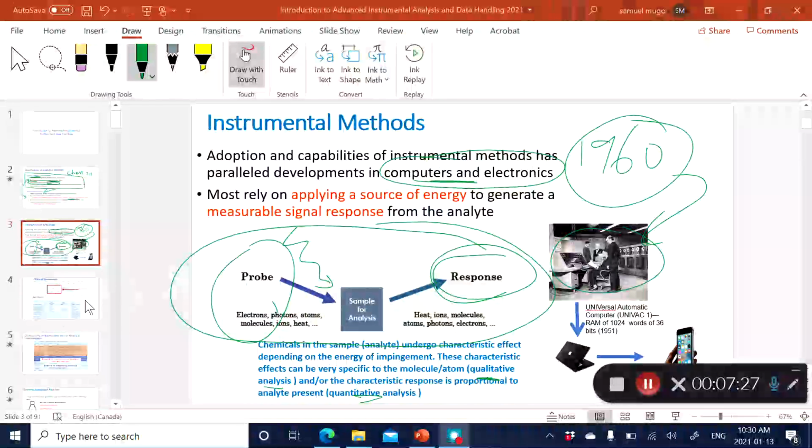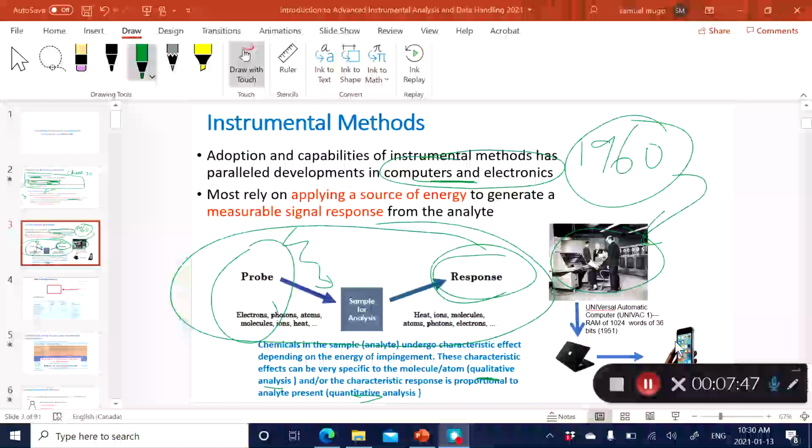And you can see that over the last 50 or so years, we've moved from this kind of gigantic computer to laptops and even iPhones or smartphones in the last 20 years.